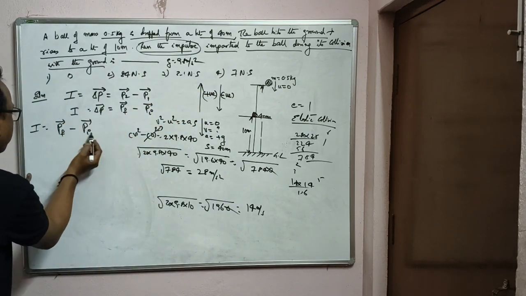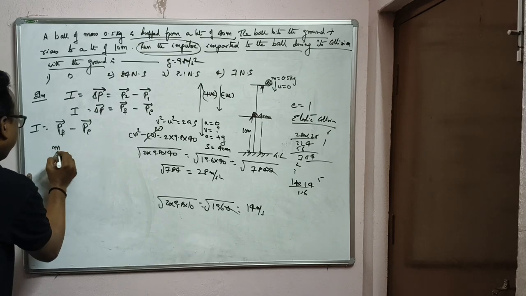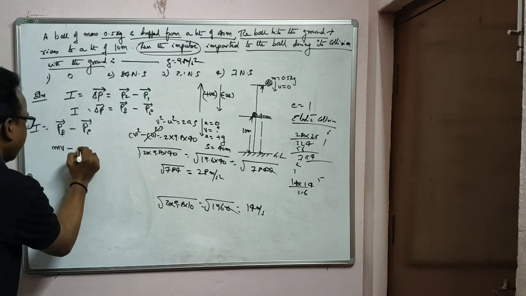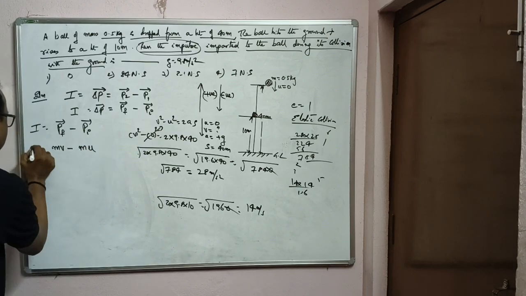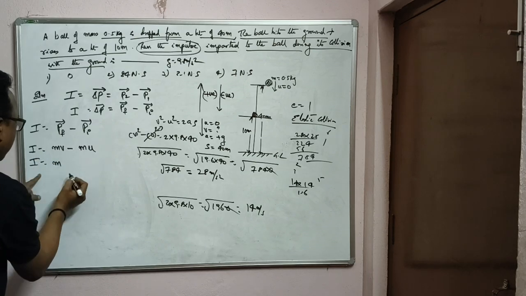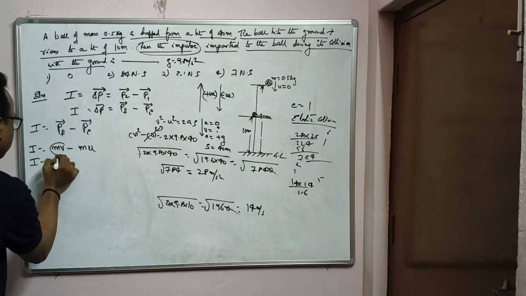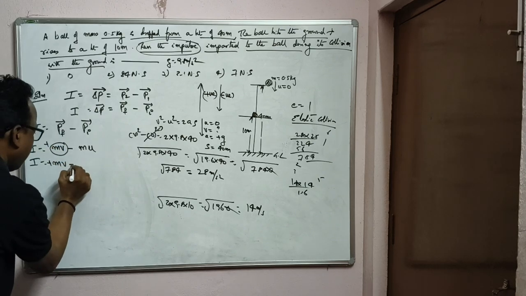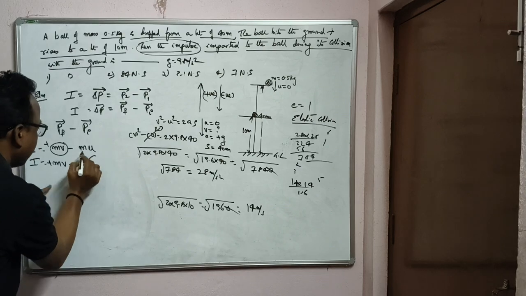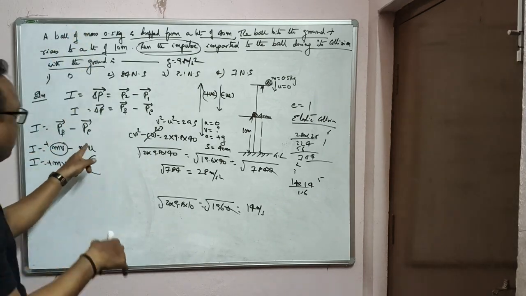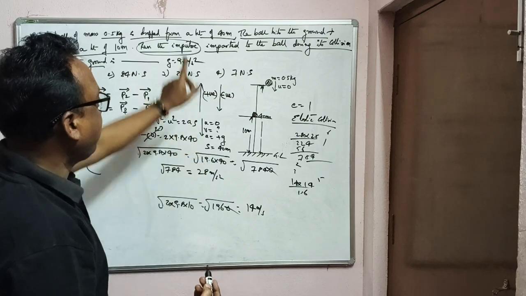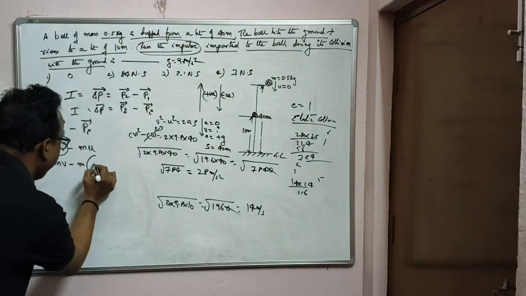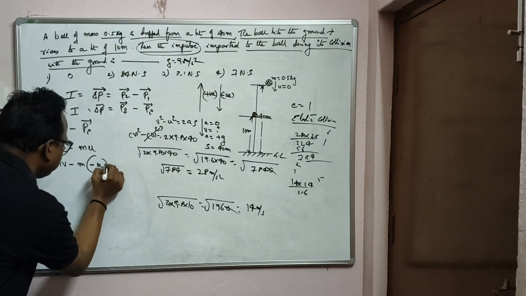So upward I will put the formula for momentum. Okay. M into v minus m into u, impulse is equal to m into v. Upward I will take this one as positive. Upward positive. m into v positive minus m into this one, downward direction, because it is before hitting the ground. Upward I am taking positive, downward I am taking negative. So minus of minus u.